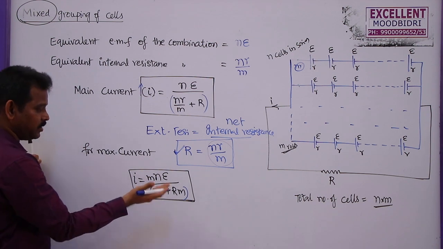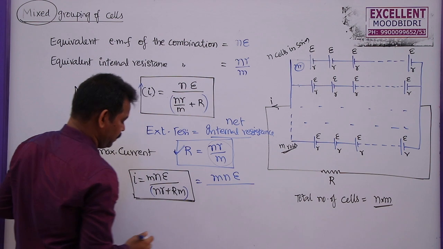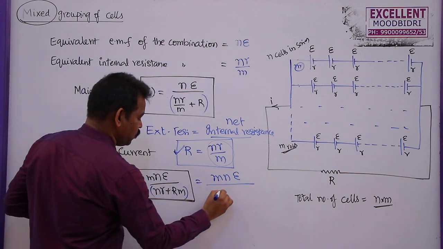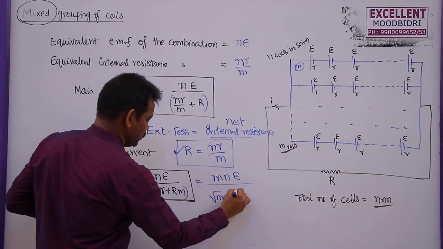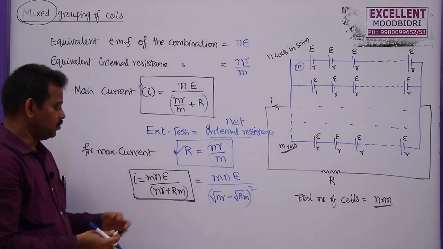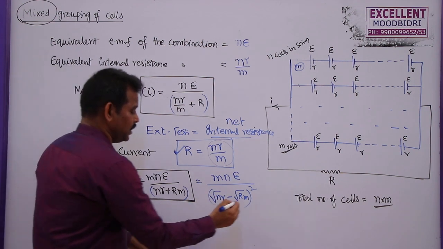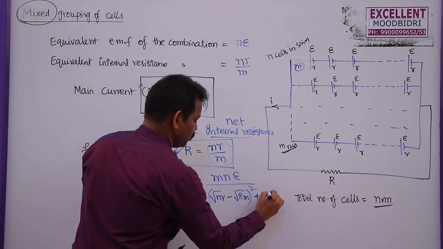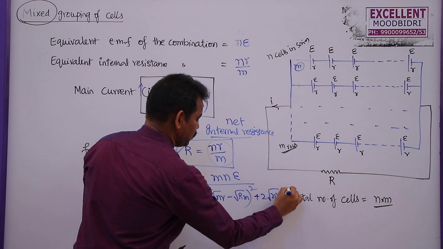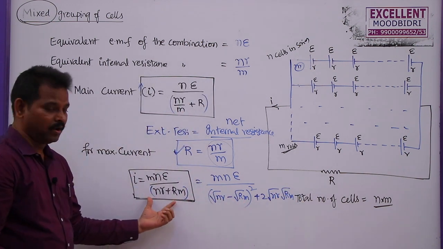The same thing as I explained earlier, this can be written as MNE by root NR minus root RM whole square. If you expand this one, you will get NR plus RM minus 2 root NR RM plus 2 root NR RM. So these two denominators are the same now.